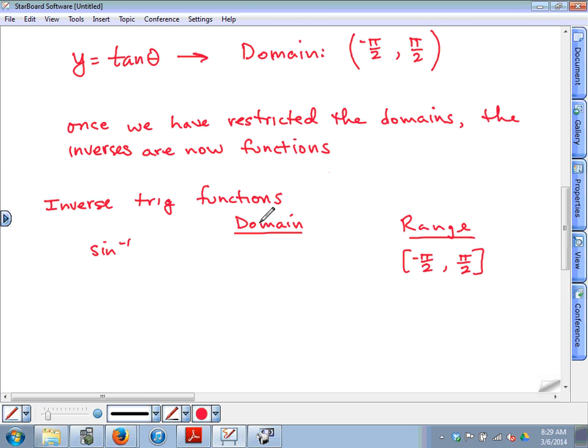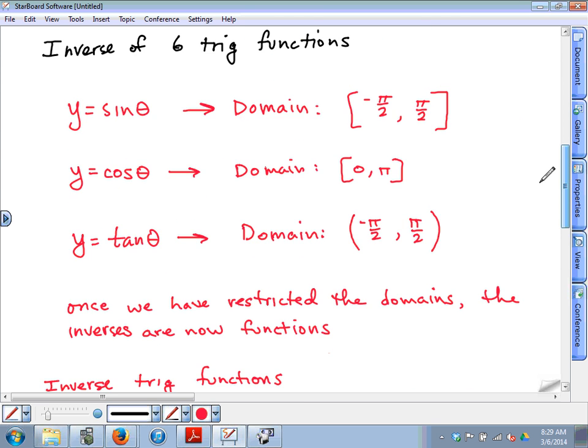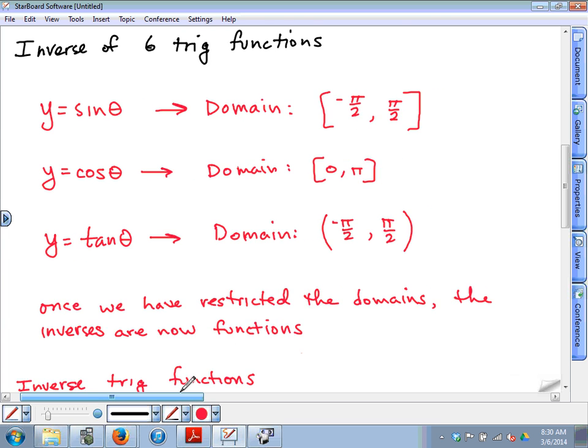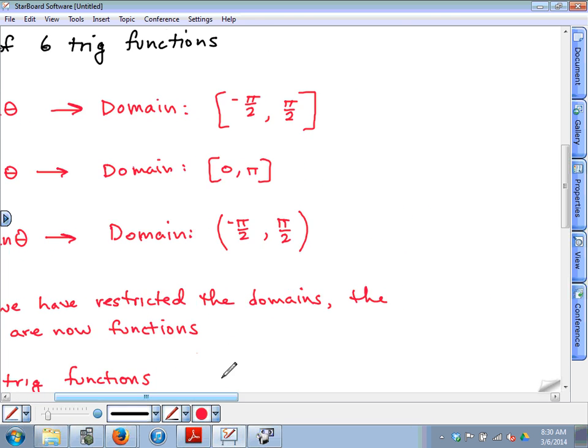Now to find the domain, we actually have to consider what the range of the original sine is. This kind of is based on your knowledge of the graph. We haven't really talked about the graph, but I know most of you saw it last year. If we were to graph the sine of theta, it goes up and down, up and down, up and down, but how high and how low does it go?